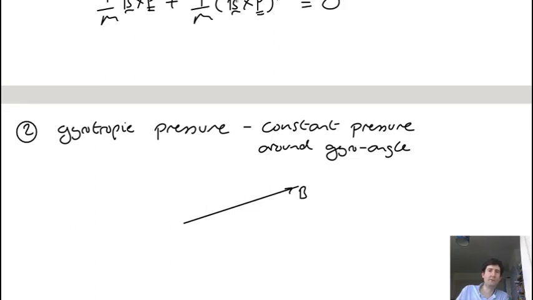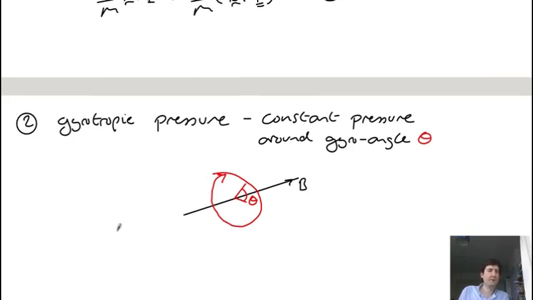We have a particle on an orbit, and it has some kind of gyro phase, some angle theta. This is the gyro angle theta.